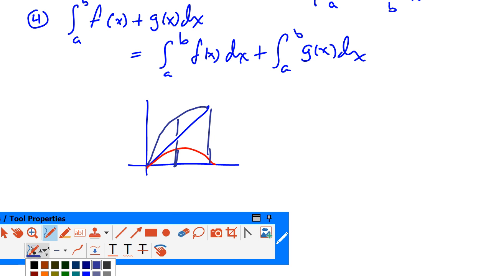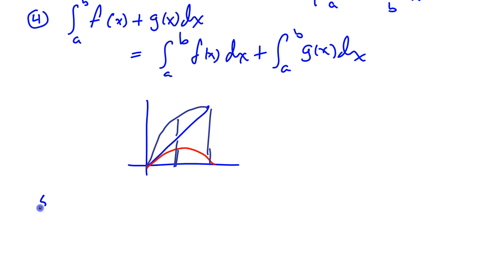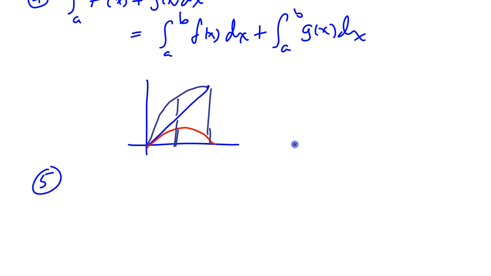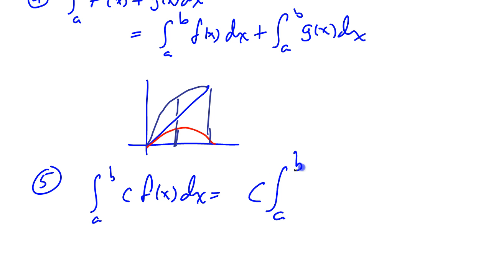5. The integral from a to b of a constant times a function is the constant times the integral of the function. There's a lot of different ways to see this. One is thinking back to the definition, how do you actually calculate these things? Well, you're going to cut the interval from a to b up into n pieces.